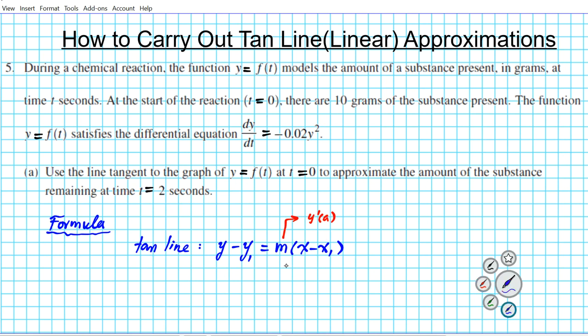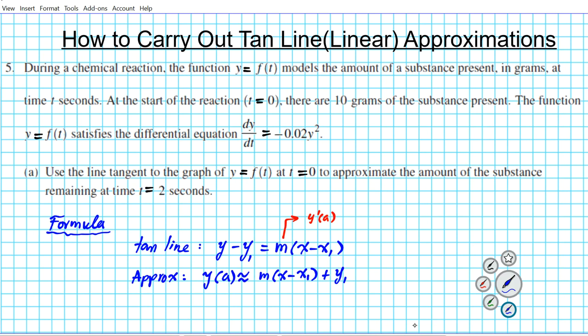Now let's go ahead and determine how we approximate. If you want to approximate y at a, y at the point a is basically what you get when you isolate y in this formula and you plug in a for x. So y of a is approximately m times x minus x1 plus y1.